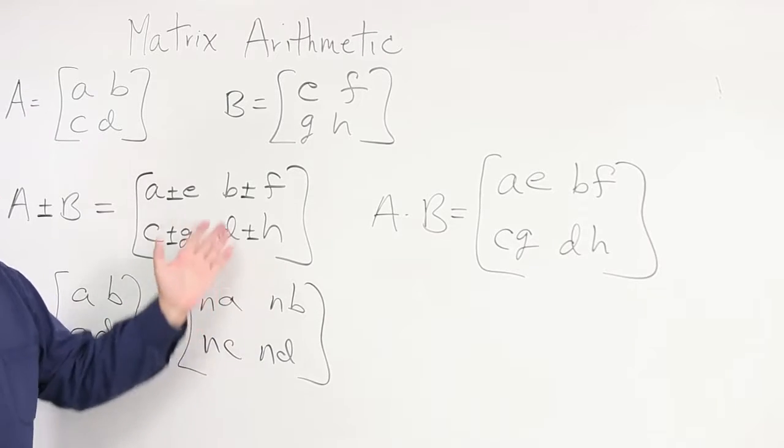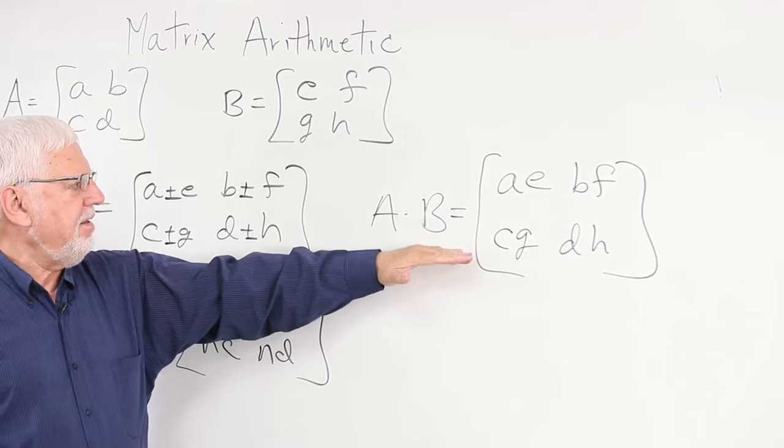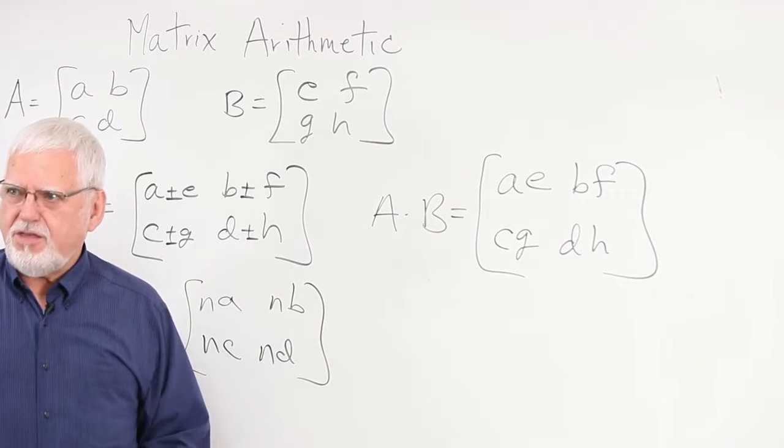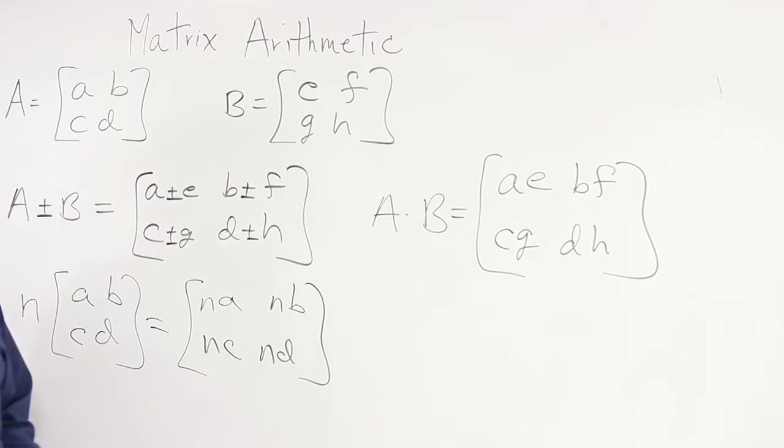But what we figured out is that when we add like this and multiply by a scalar like this, if we multiply like that, this whole thing is totally useless, so we might as well just forget about it. There is no value to it. So we've got to change something.